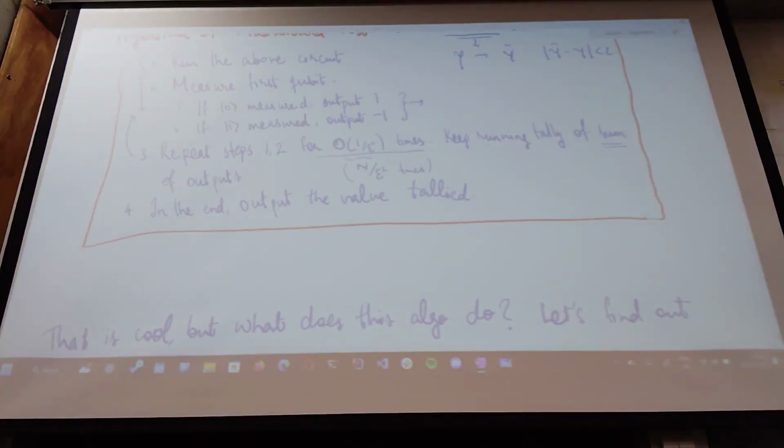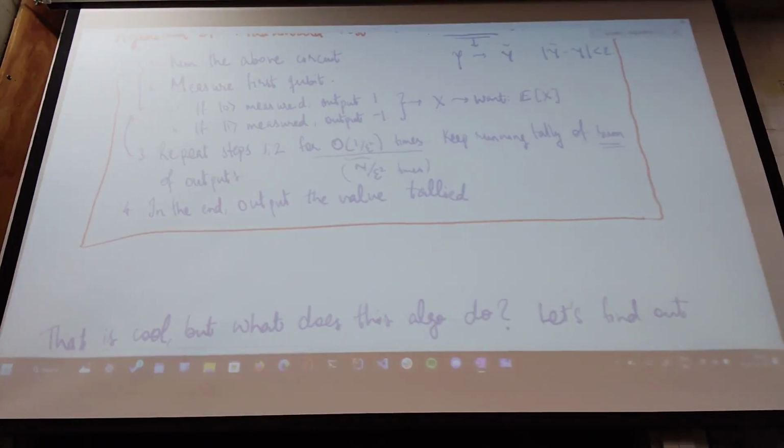So suppose the output you denote by some random variable x, and you want to find what the expectation value of this x is.